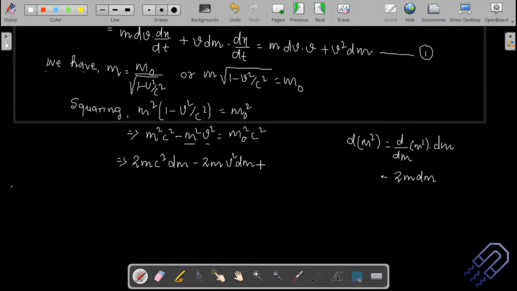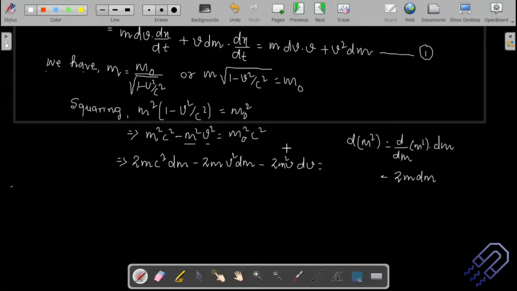Then the second time I'm going to differentiate it with respect to v. So m square will remain outside, and differentiating v square gives 2v dv. So this is the term we have.